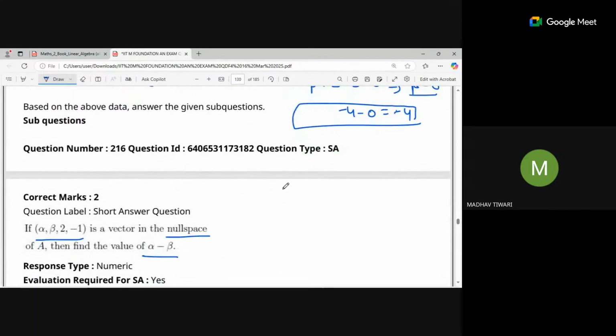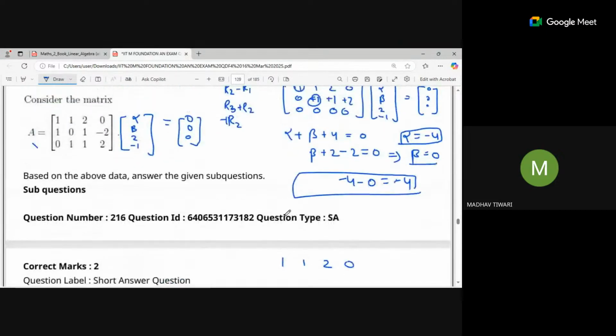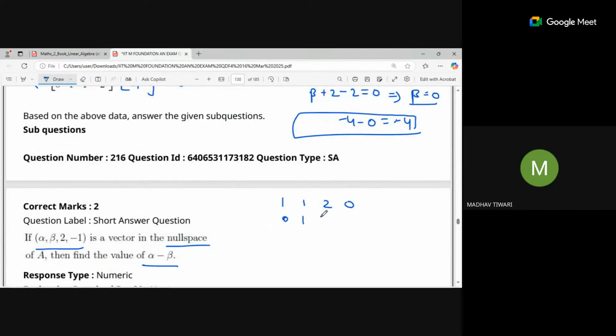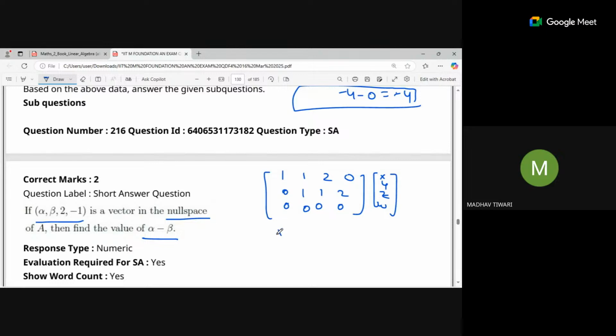Your matrix is in reduced form: 1 1 2 0, and 0 1 1 2, and the last row is entirely 0. If you multiply it by any x, y, z, and w, four variables, you will get the equations. But in the question, the values of z and w are given, no? 2 and minus 1.